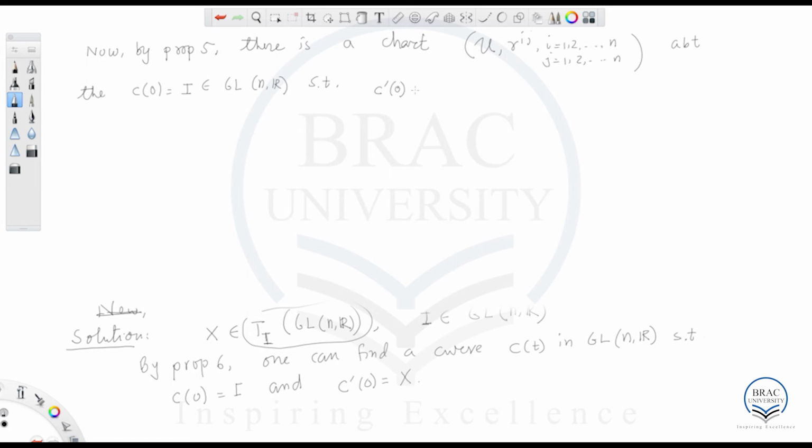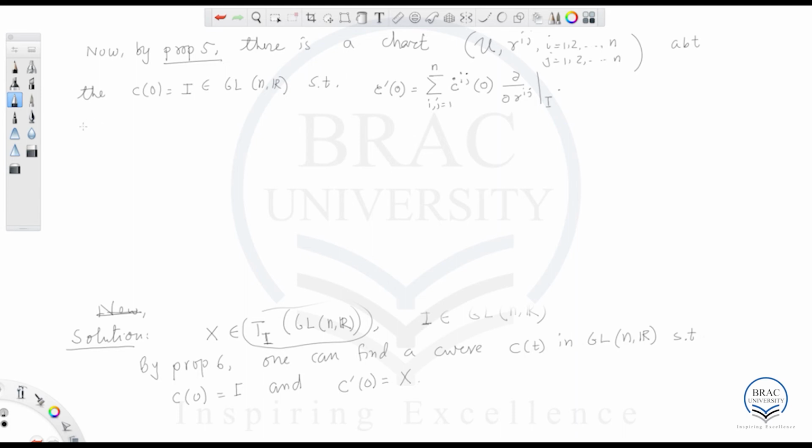C'(0) is equal to the sum over all ij of c-dot_ij(0) times del by del r_ij at I, right? This can be done by means of proposition 5.